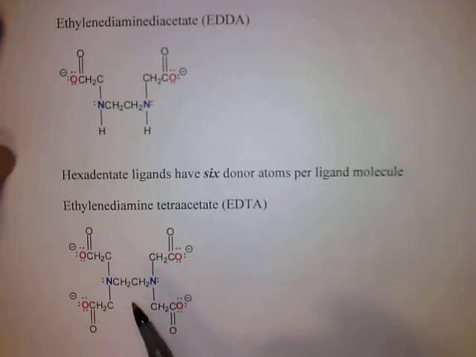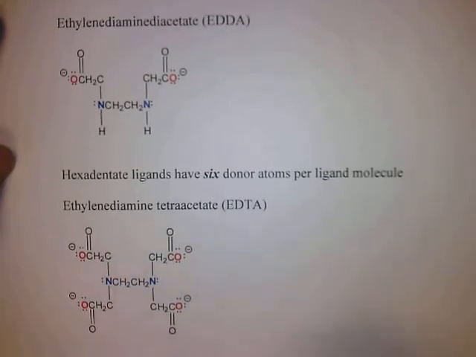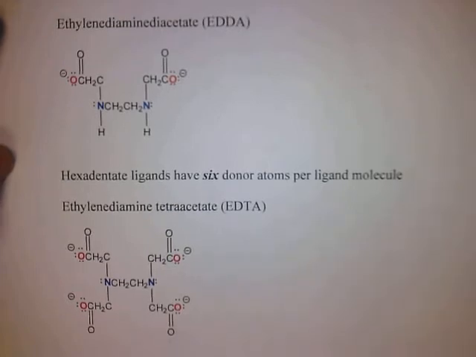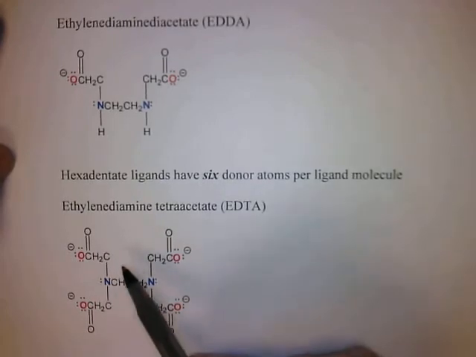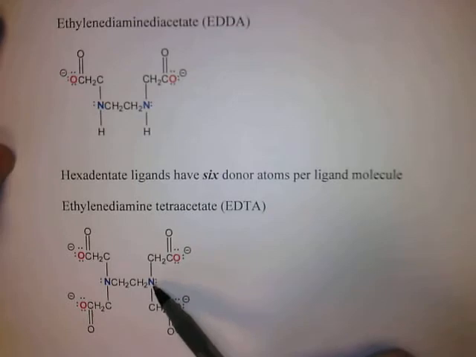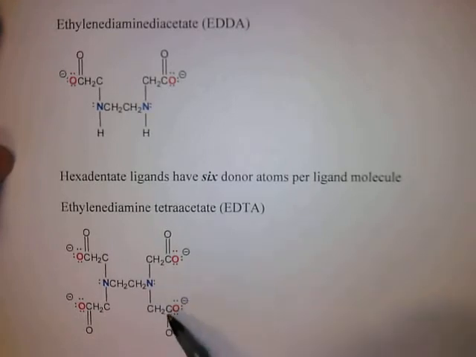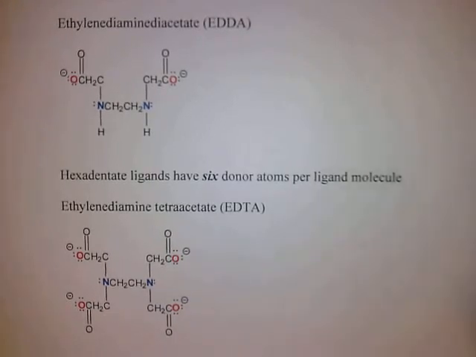All right, so what we've done is we still have our ethylene diamine, and now we have grafted 4 acetate groups onto this molecule. So how many donors are we going to have now? 1, 2, 3, 4, 5, 6, which is what makes it hexadentate. So basically then, a lot of your transition metal compounds are octahedral compounds that have 6 donor sites.